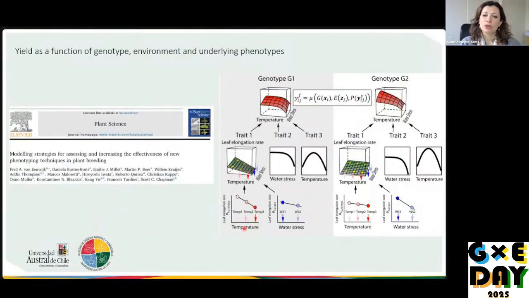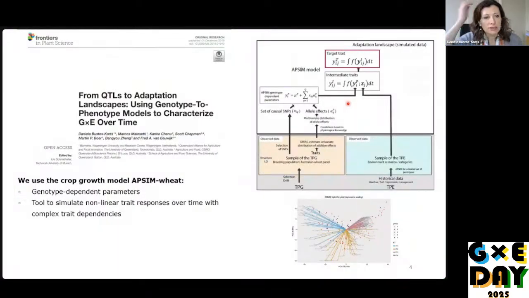And the idea is to integrate those curve parameters into something like a response surface, and in the end to recover the whole G by E landscape that combines the different traits and the responses of those genotypes to the environmental conditions.